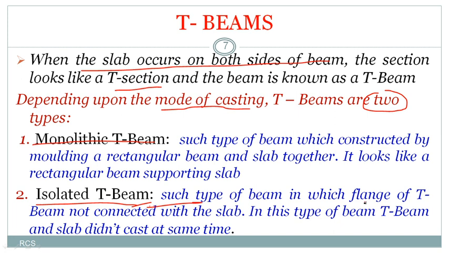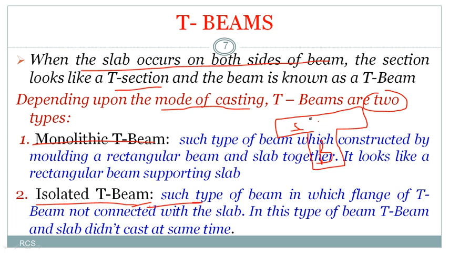Here the monolithic T-beam means your original beam and the slab are cast at the same time, and now this slab is an integral part of this beam, right?